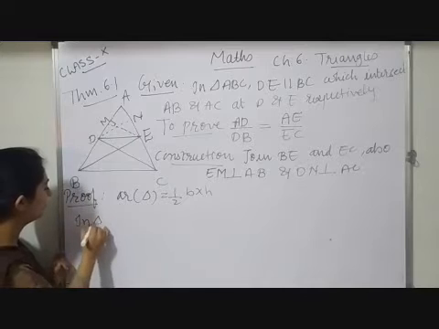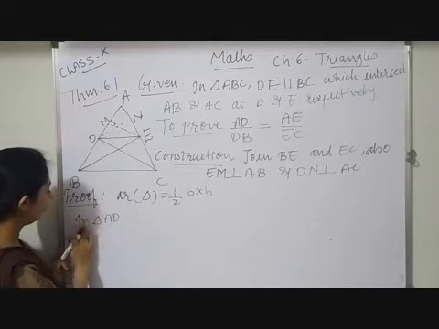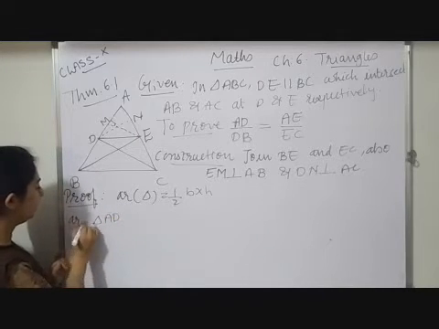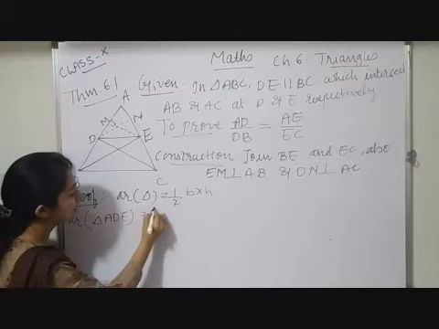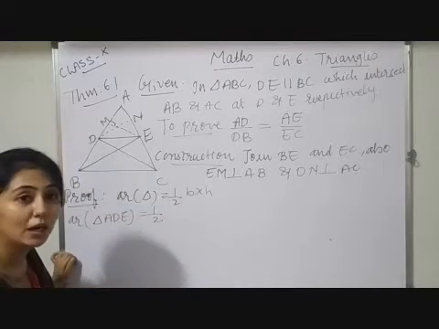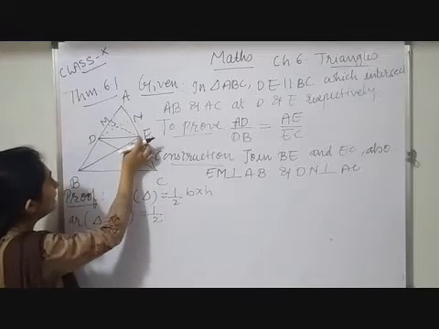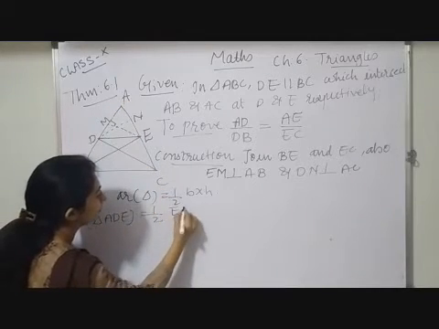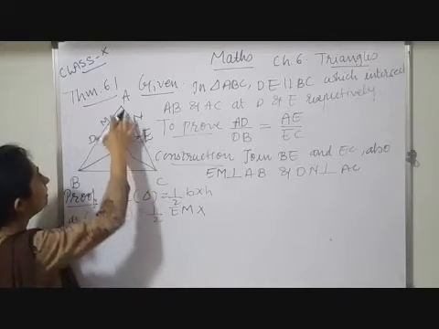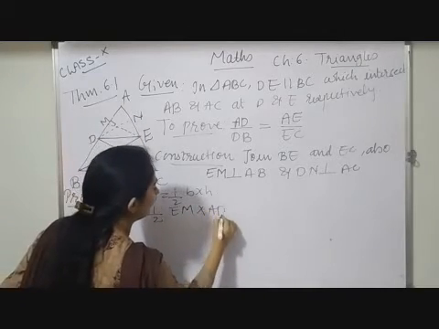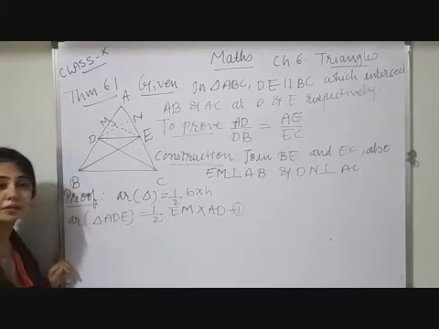The area of triangle ADE is equal to half base into height. So I am taking triangle ADE; its height will be EM and base will be AD. Let this be equation number 1.